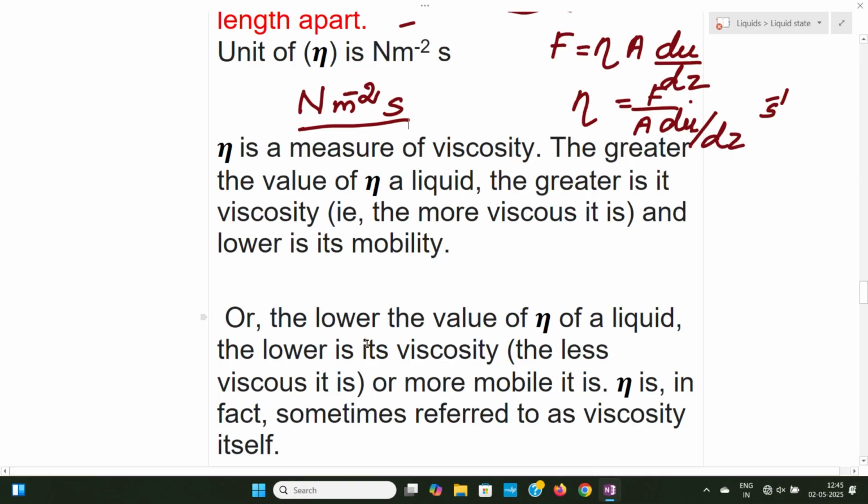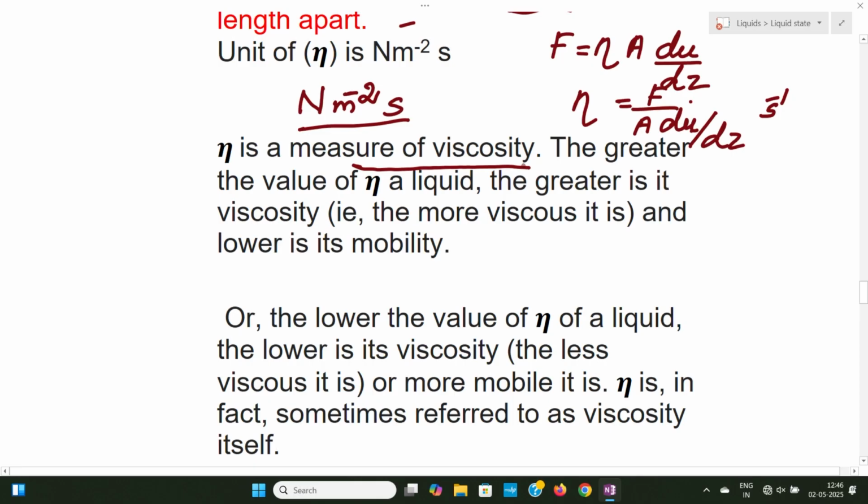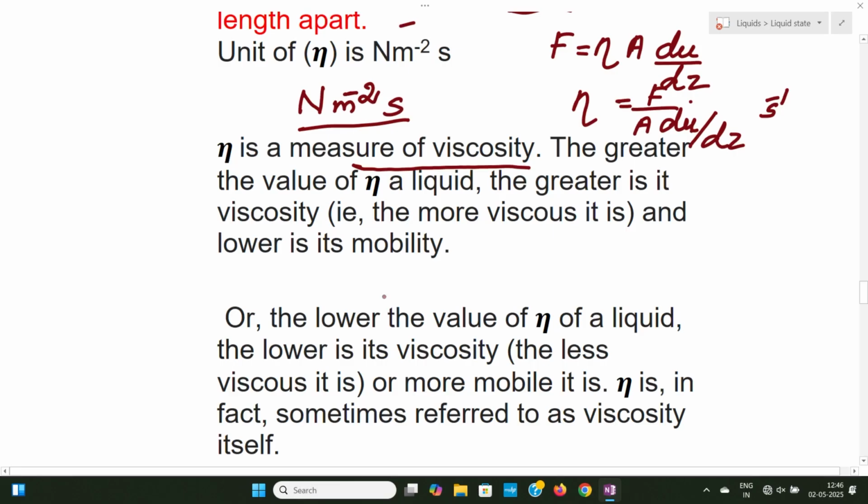The coefficient of viscosity is a measure of viscosity. That means if the value of the coefficient of viscosity is greater, then the liquid will be more viscous, and the mobility of the liquid will be less.